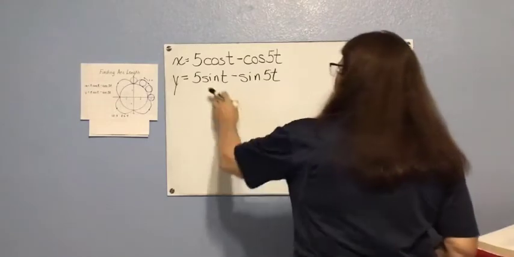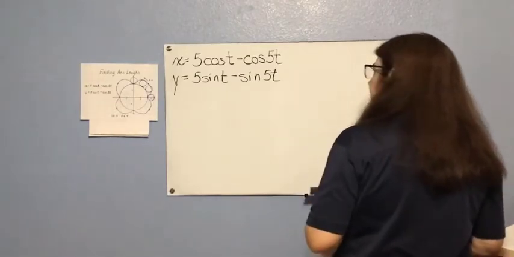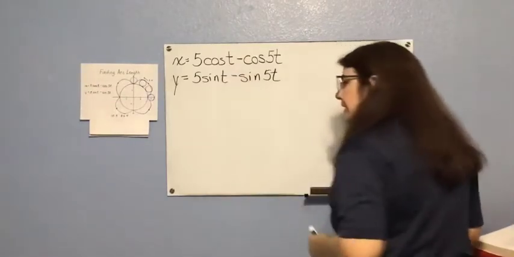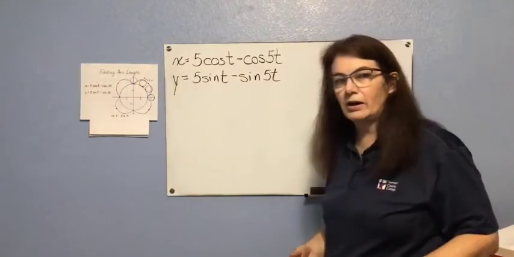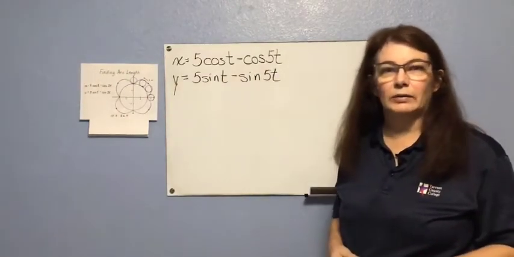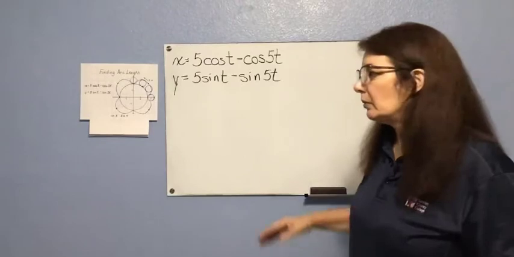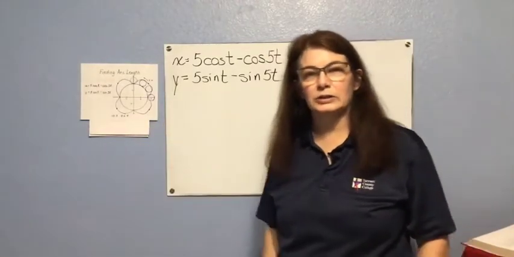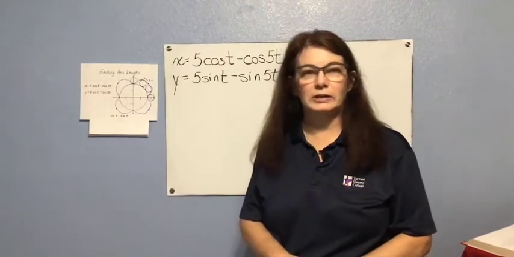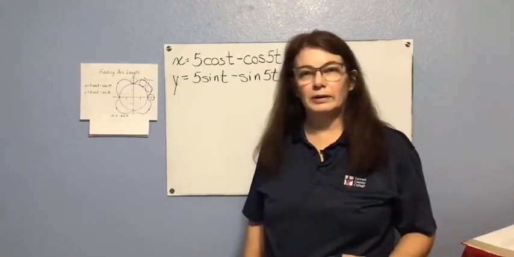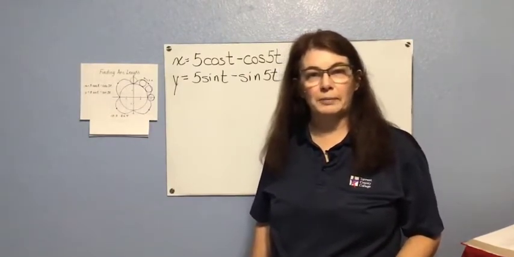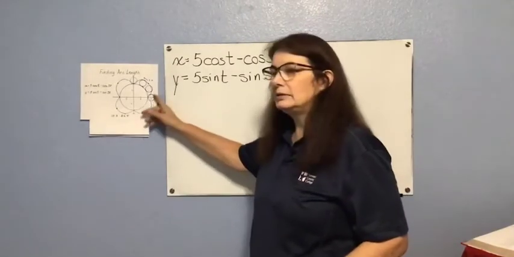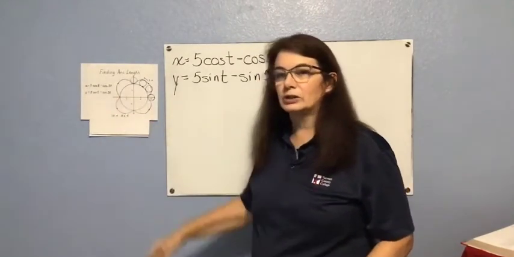Okay, and we want to use calculus with our parametric equations to find the arc length of this epicycloid. When we're working with shapes like this, it's very important to pay attention to your limits of integration. If I don't limit my integration properly, I might be doing more than one rotation.